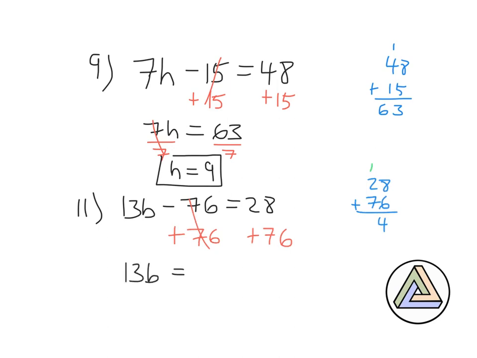And then we end up with 2 plus 7, which is 9, plus the extra 1, which is 10. So therefore it is 104. And then we must divide by 13. Boom. B equals 104 divided by 13.